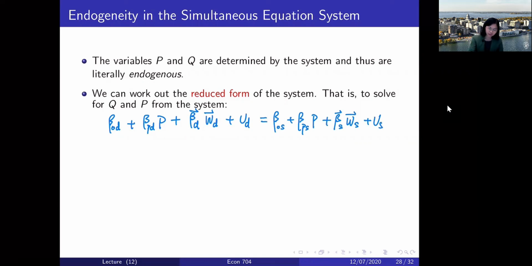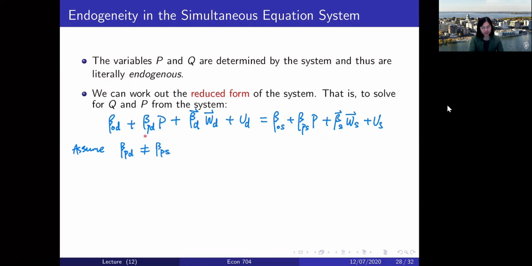Now there is only one variable to solve for from this equation. So we assume that the price doesn't cancel out on the two sides. Assume that beta PD is not equal to beta PS.